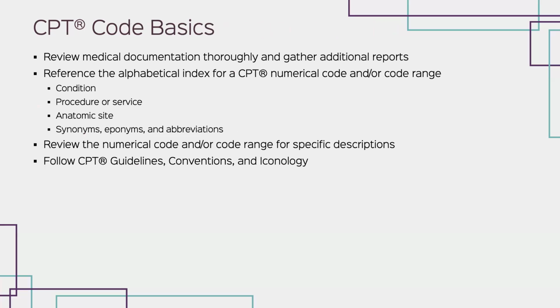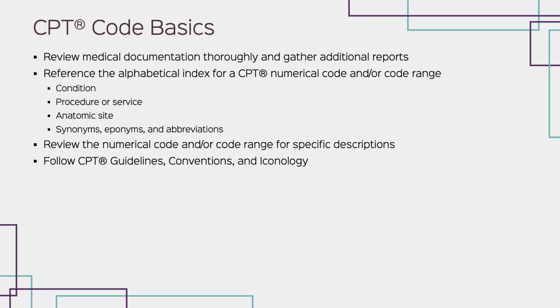So as you're coding, we want to make sure that we review that documentation thoroughly in order to determine what services were provided. You will review your CPT index to find your code or the code range that would apply to those services. Your codes can be found in the index in multiple ways.